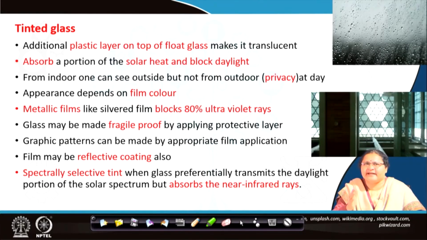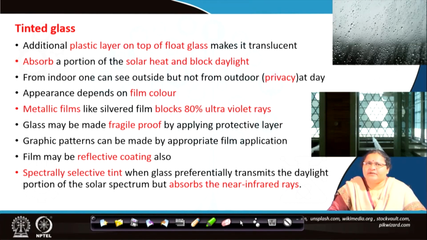Glass may be made fragile proof just by adding this film. So, if there is a fear that this glass can break due to some sudden heating, you can protect it by applying a tint.